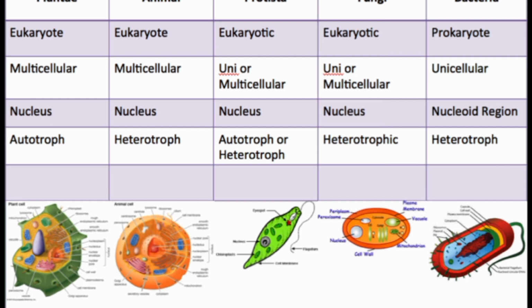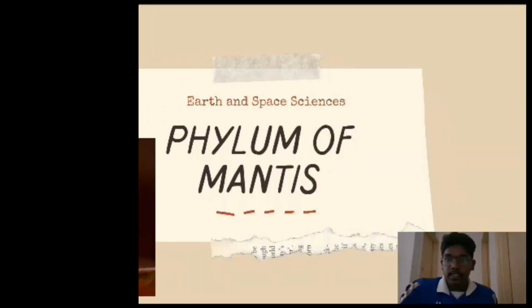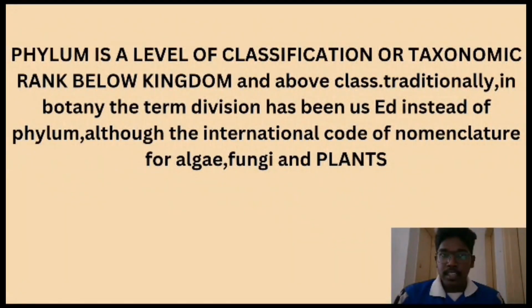For information, this is the differentiation between the kingdoms: Plantae, Animalia, Protista, Fungi, and Bacteria. Phylum is a level of classification in taxonomy, within kingdom and above class. Traditionally, in botany, the term division was used instead of phylum, although the International Code of Nomenclature for algae, fungi, and plants allows both.